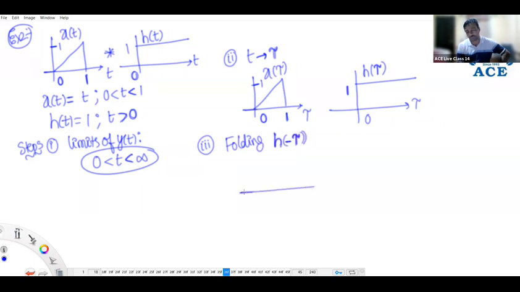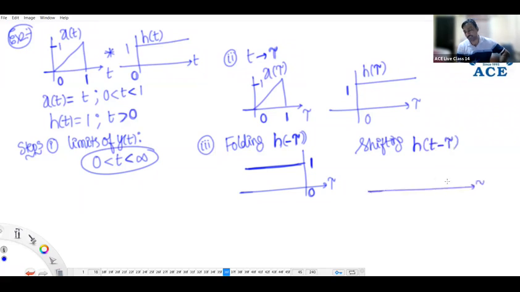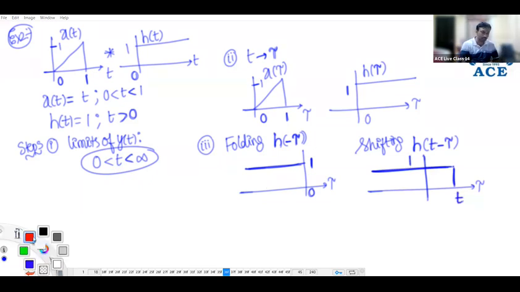Which one is easy to fold? Again, the constant signal. Next, go for shifting. From the folded signal, how do we get the shifted signal? Just add the variable t. Minus infinity to 0. Add t means minus infinity to t.